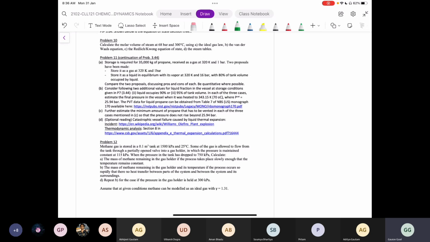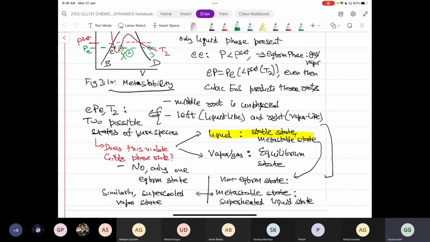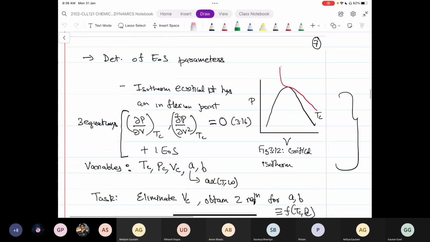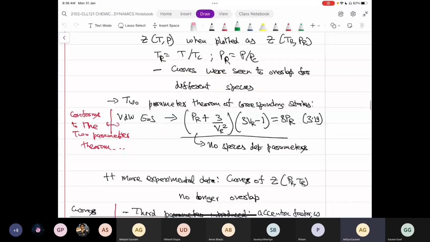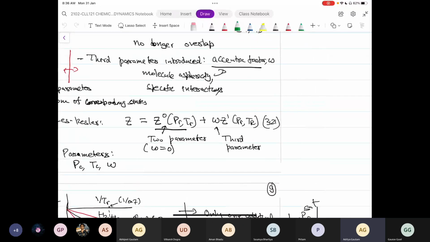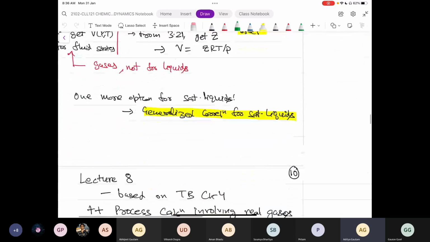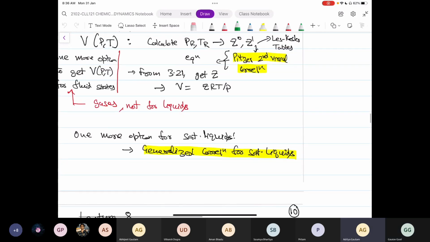Now, the question is how to read the tables, the Lee-Kesler correlation tables you are asking about? Are they the same as in the seventh lecture, the last question of the homework? Generalized correlation for saturated liquids, you are asking.